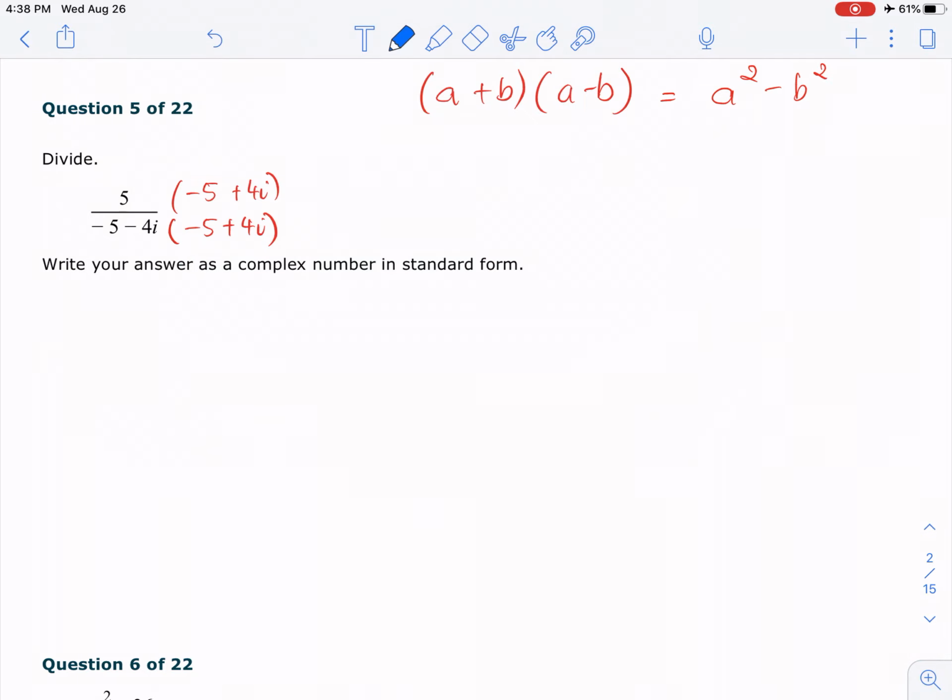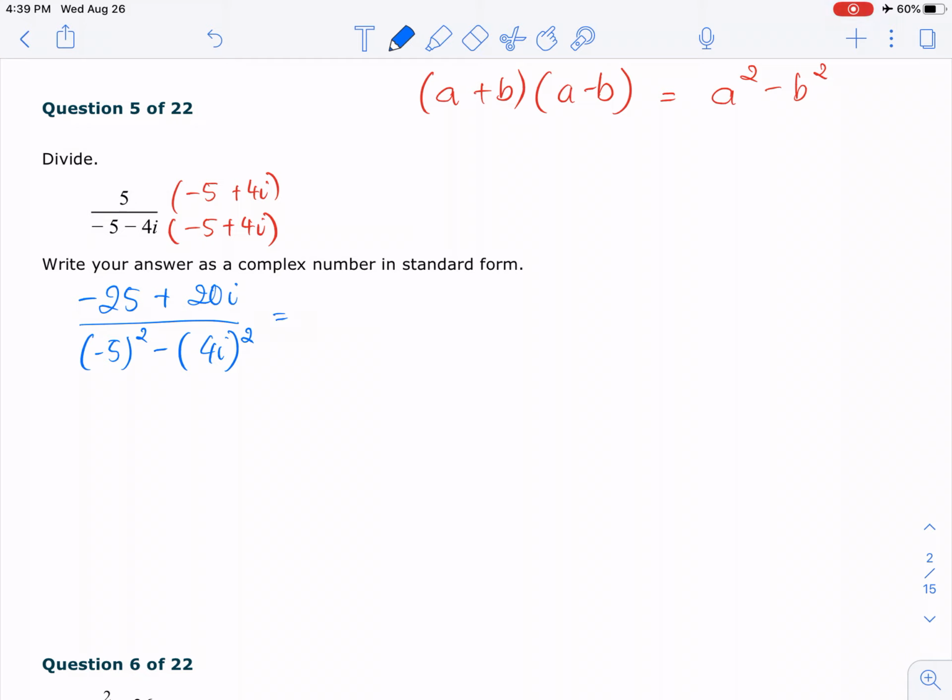Now, for our current problem, we just have to distribute for the top. We have -25 + 20i. On the bottom, like I said, we can use (a + b) times (a - b), and then we get a squared minus b squared. So I can just square this, minus, and then I square 4i.